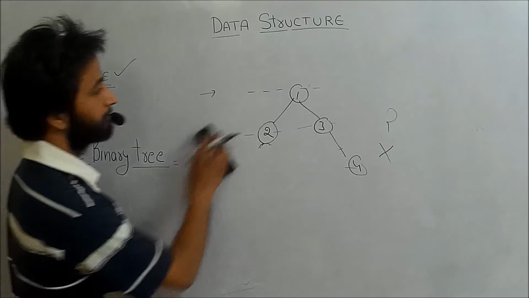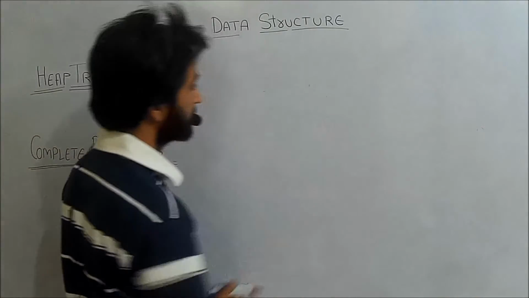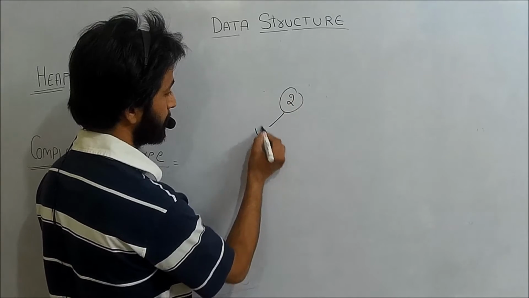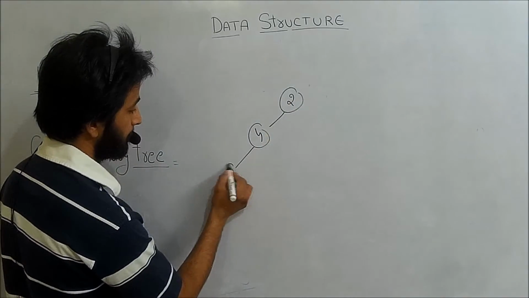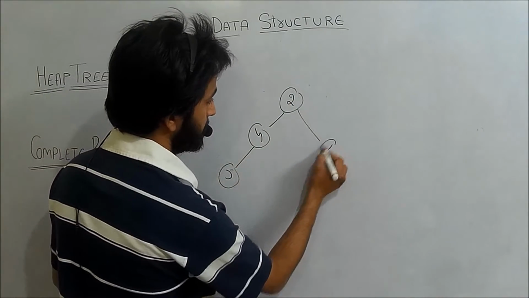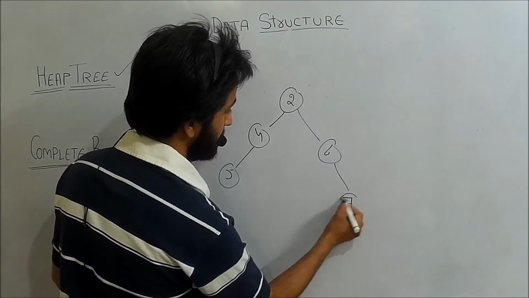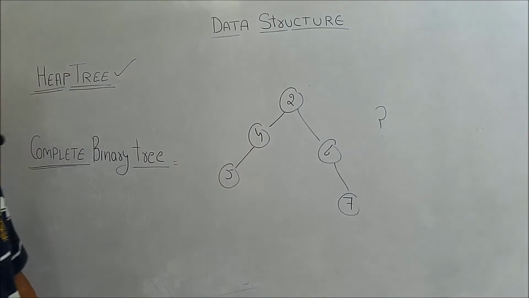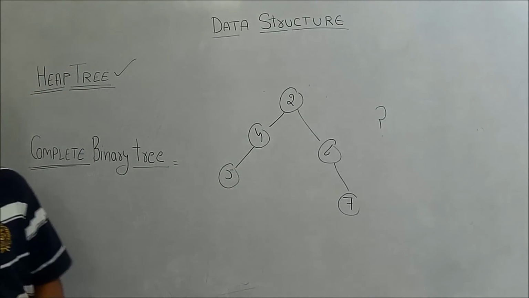If I have a tree like this in which we have 2, 4, 5, 6 and 7, the question is whether the given tree is a complete binary tree or not.